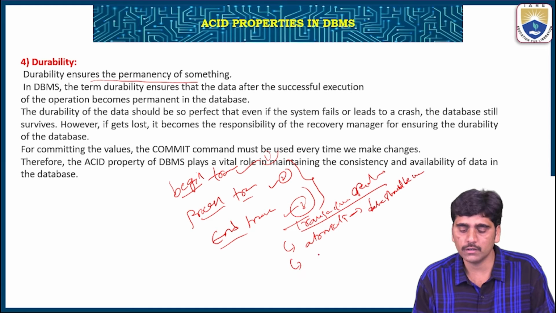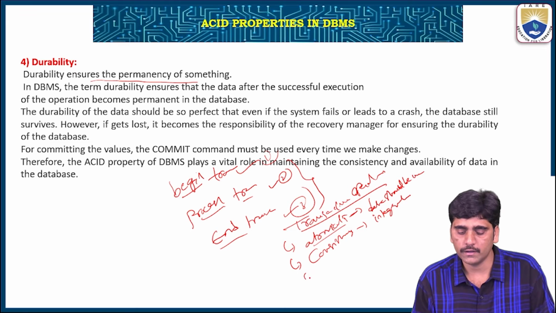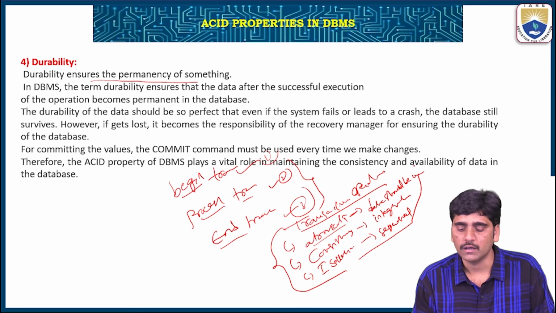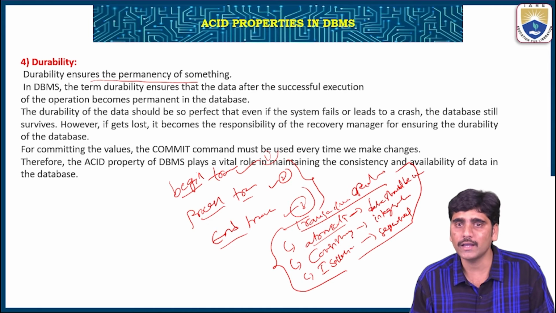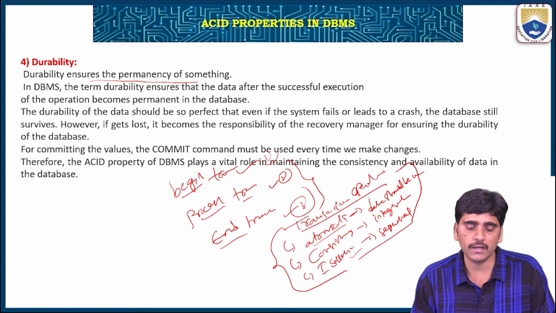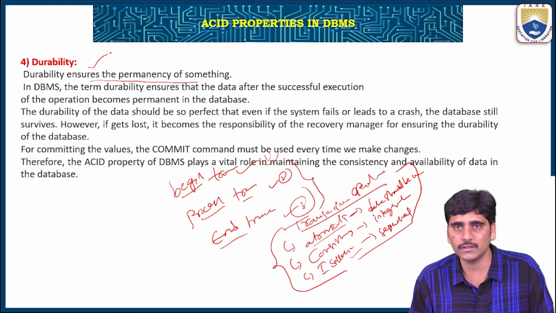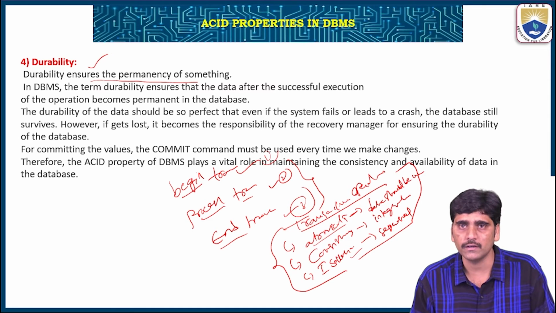And the second one is the consistency property. Data integrity should be maintained. And isolation should be satisfied, which means separation of the data. When you are doing the transactional operations, if the atomicity, consistency, and isolation properties are all satisfied, then you can say that durability of the transaction is satisfied.